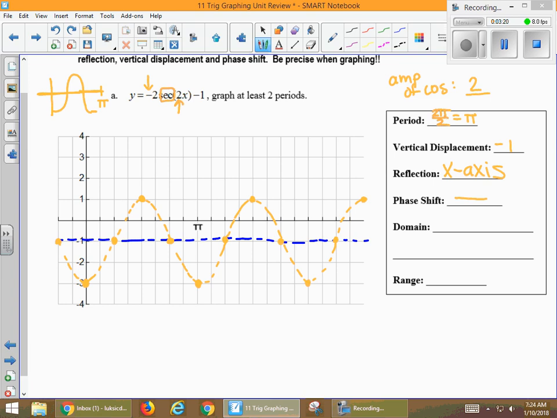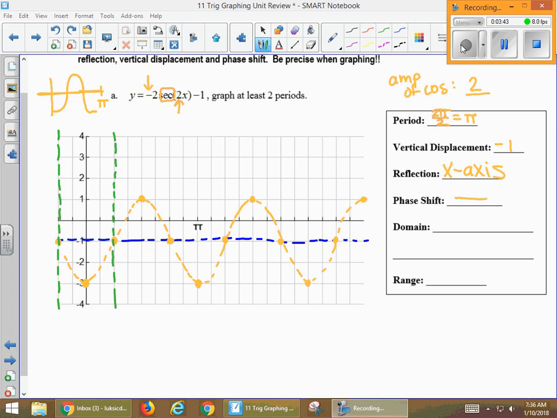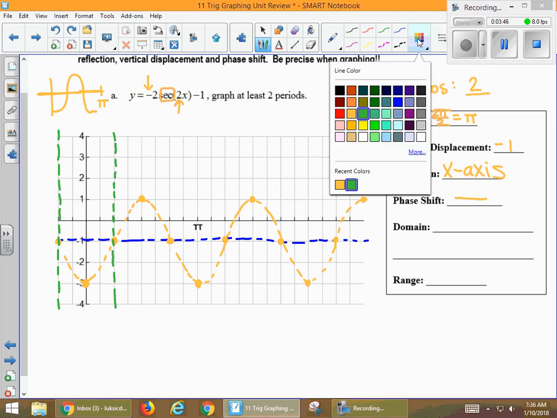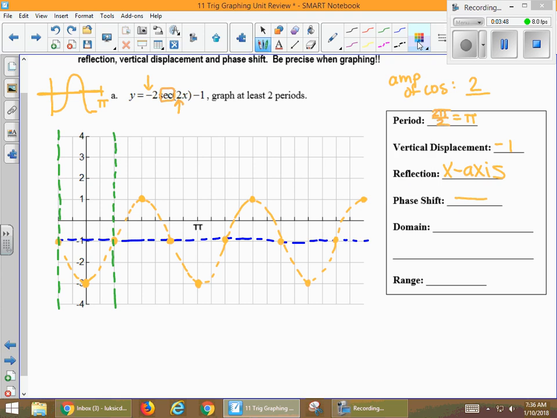Now, to make our secant graph, we need a couple more things. We need asymptotes, and our asymptotes happen where our cosine graph crosses the midline. So our asymptotes go through where our graph crosses the midline.